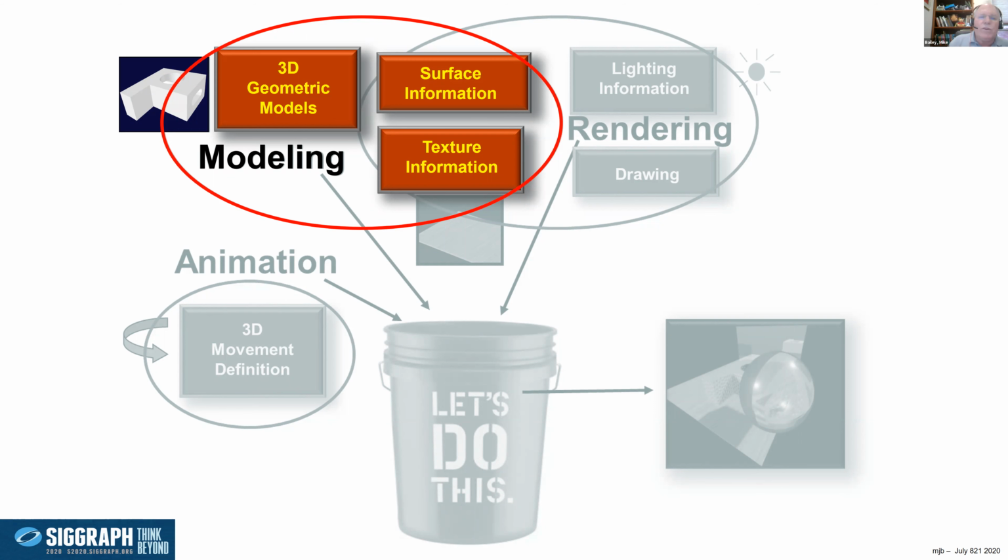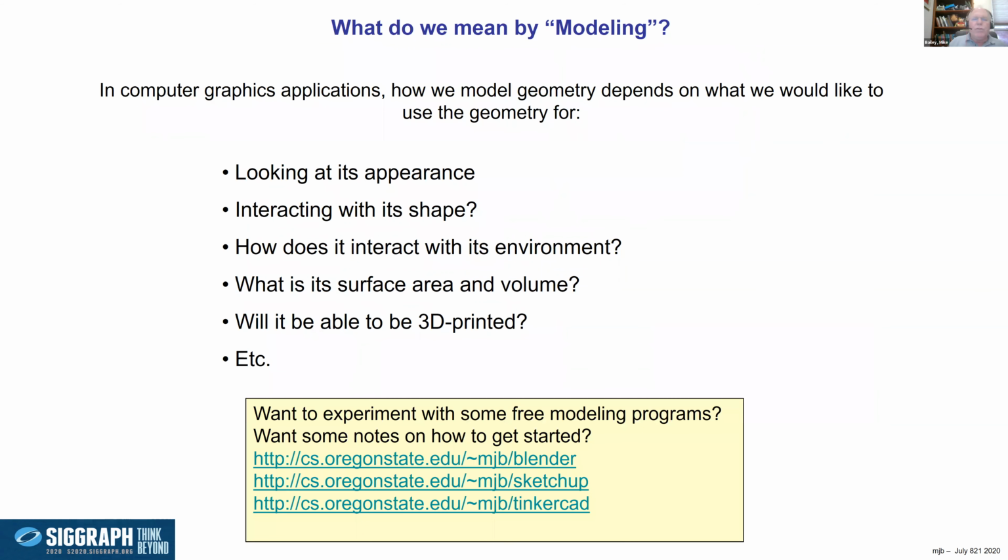Well, how do we do that? Before you model anything in 3D geometry, you really need to ask yourself some questions. What is the purpose of what you're doing? Do you want to just simply look at it? Do you want to interact with its shape? That is, do you want to sculpt it and pull it and so on? Or do you want to just put it in your scene and kind of forget about it?